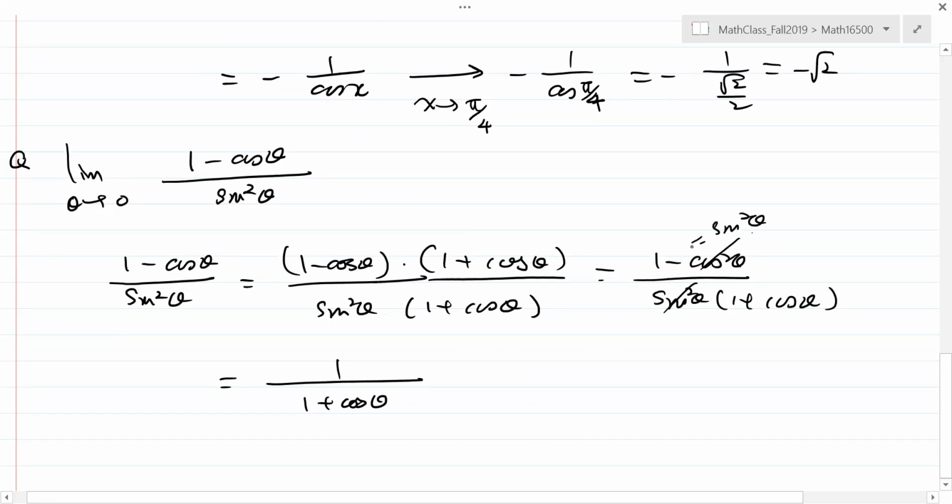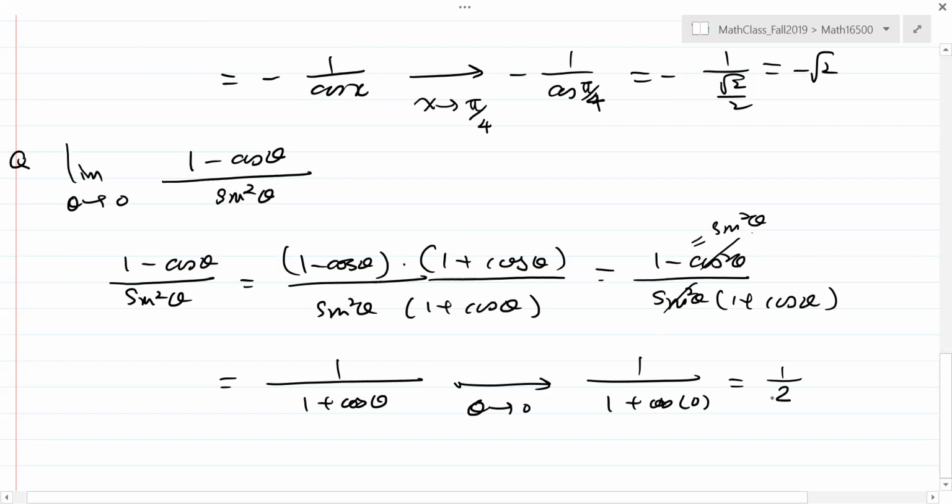Then it's clear that when theta approaches 0, it's 1 over 1 plus cosine 0, which is 1 over 2, right? So this is the limit as theta approaches 0.